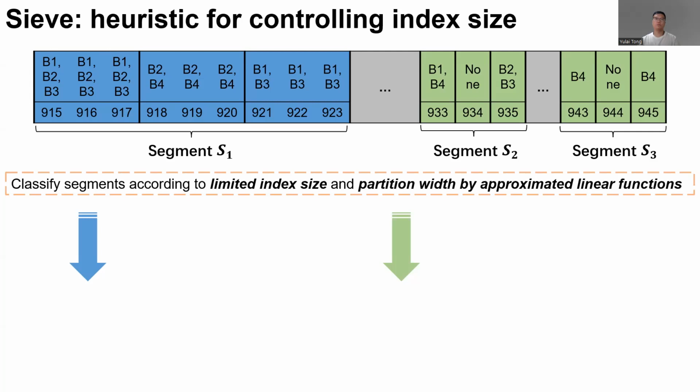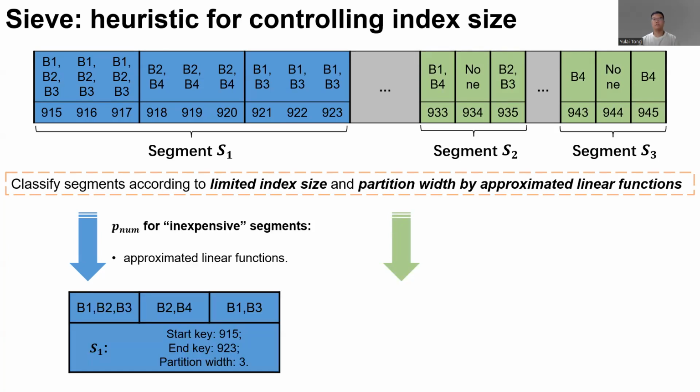Moreover, system users usually want to set a storage budget for indexes. Therefore, we propose a simple heuristic to control the index size while avoiding false positives as much as possible. As shown, we classify segments into 2 types based on the storage budget and the partition size given by linear functions.